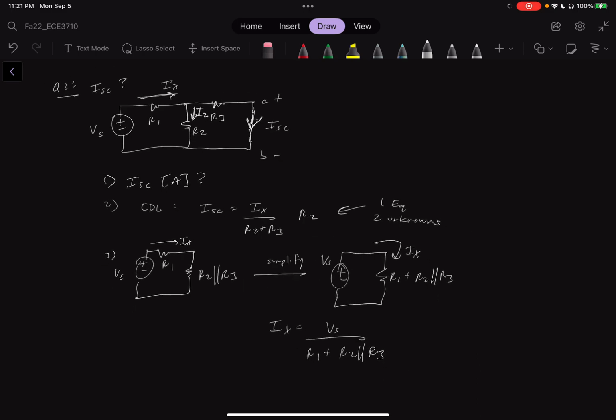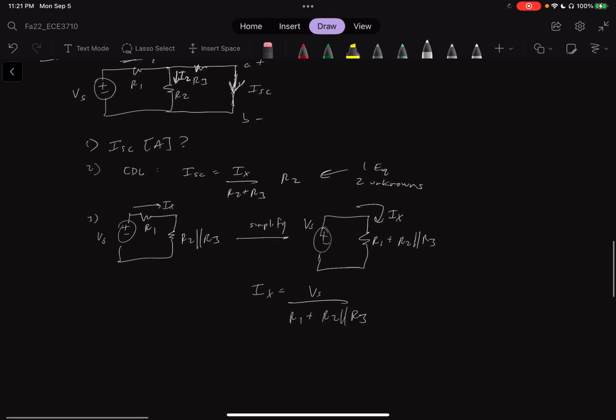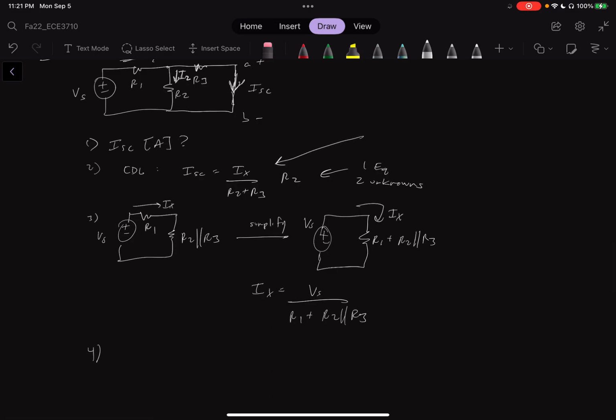Which means, if you go back here, ISC is equal to Vs divided by R1 plus R2 parallel to R3.